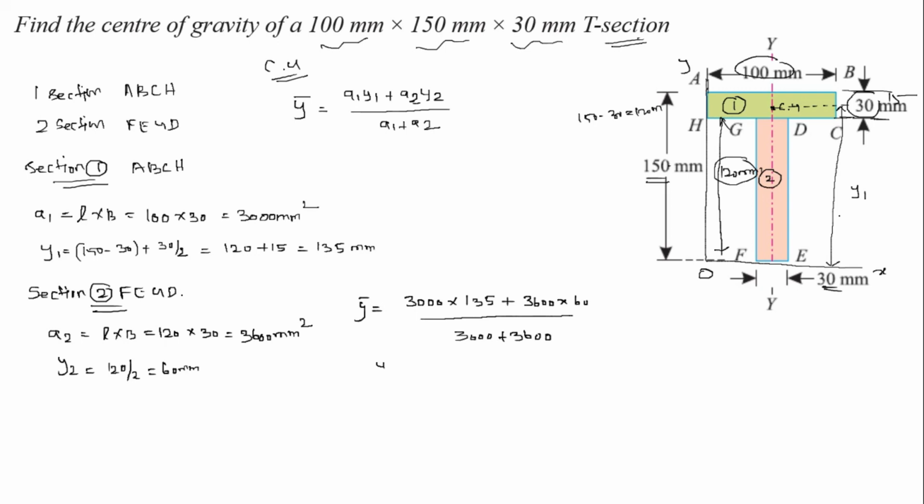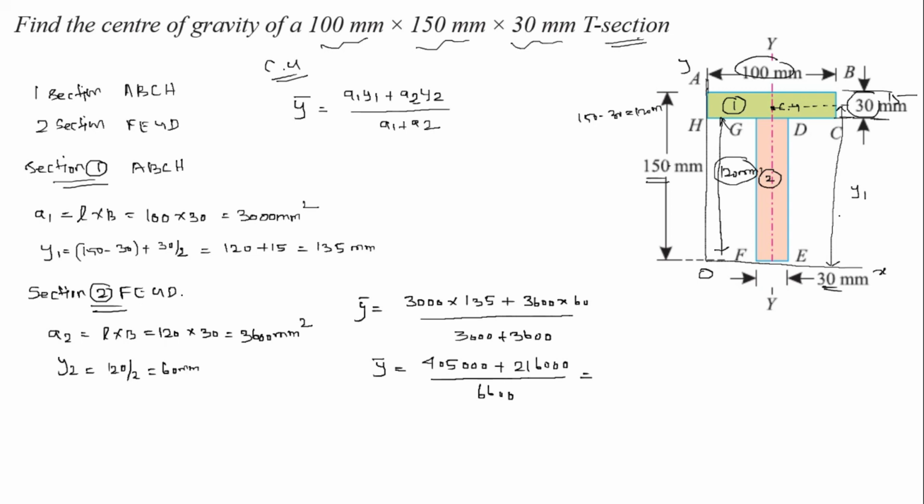So what is the value of y bar? First we calculate the numerator: 3000 into 135 is 405000, plus 3600 into 60 is 216000, divided by 3000 plus 3600, which is 6600.